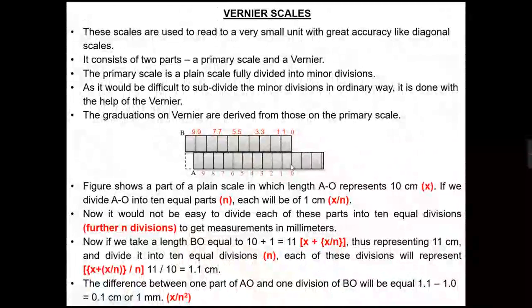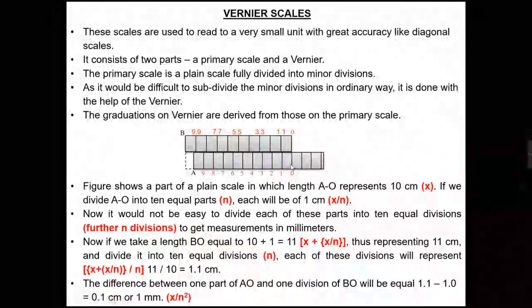Suppose we are dividing the AO division into 5 equal parts, then the vernier scale also will be divided into 5 equal parts. So it is very important.